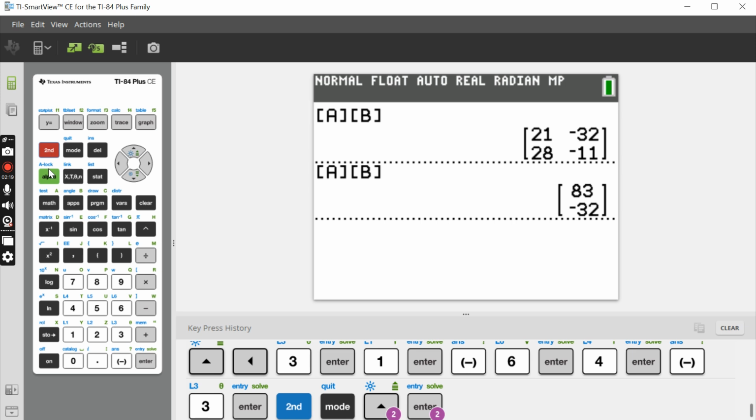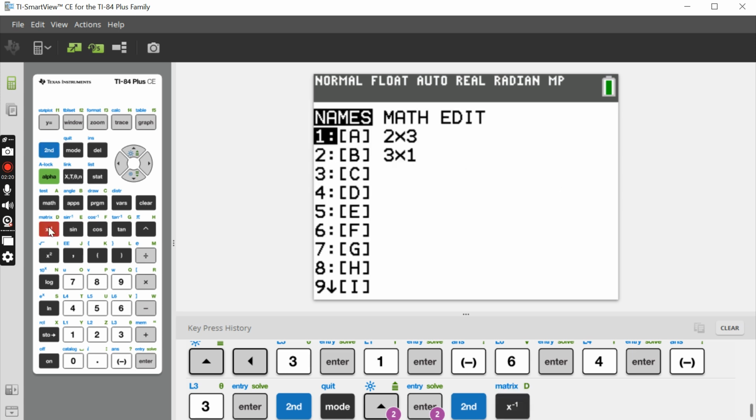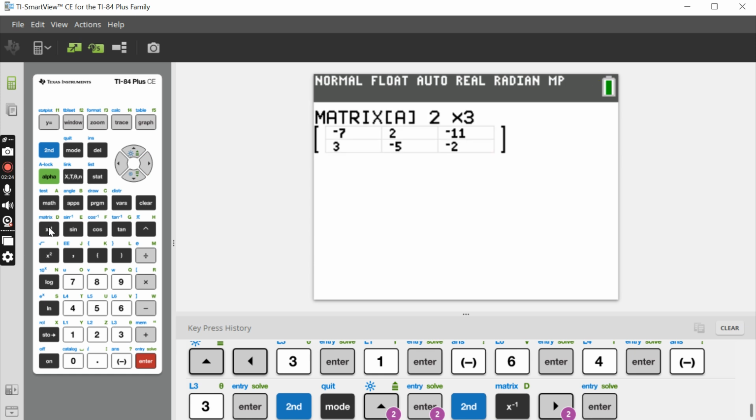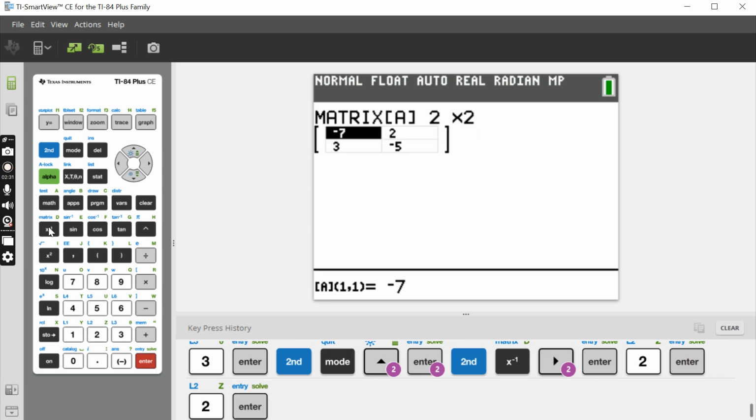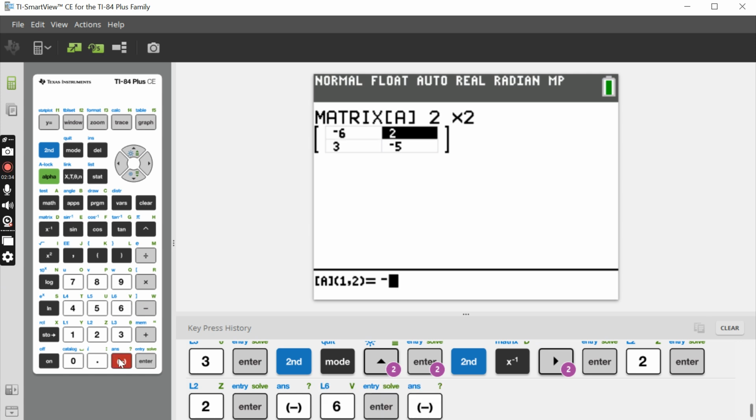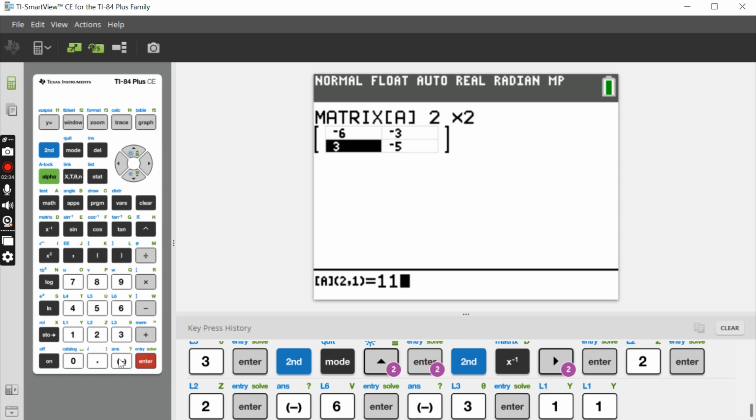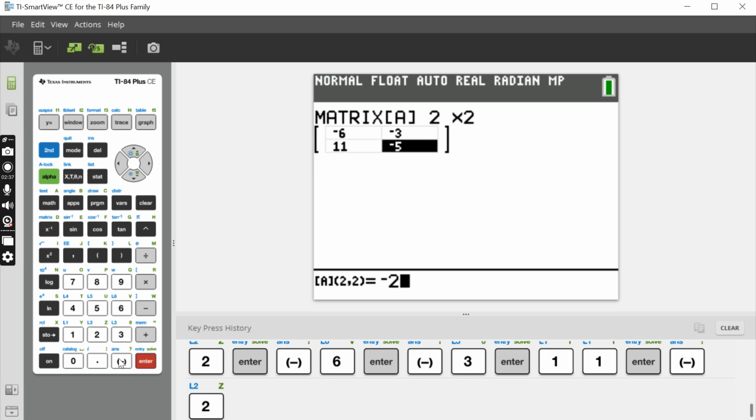I'm going to go to second matrix and edit this first one. My matrix is a 2 by 2. And then I'm going to type in that matrix: negative 6, negative 3, 11, negative 2. Okay. And I'm going to hit second, quit.